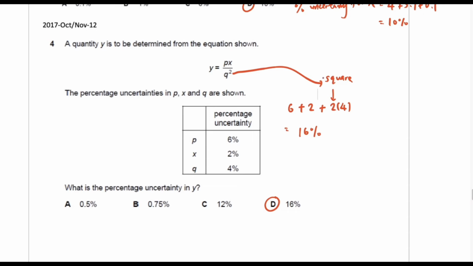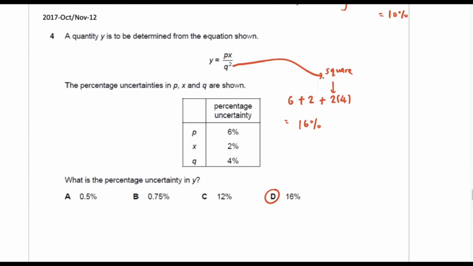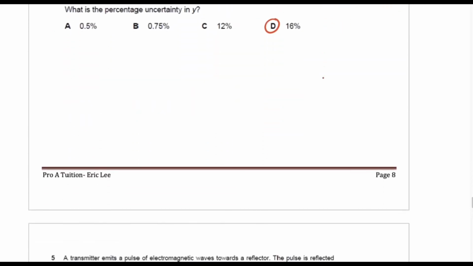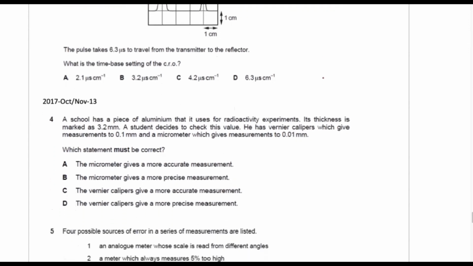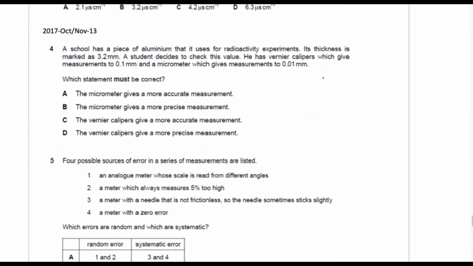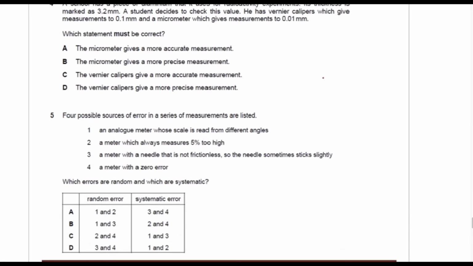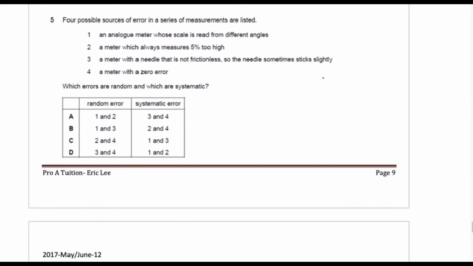Now let's move on. The question here is not in the syllabus anymore, but let us discuss this.